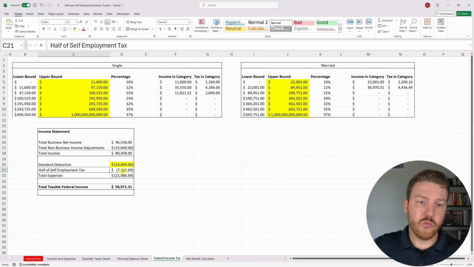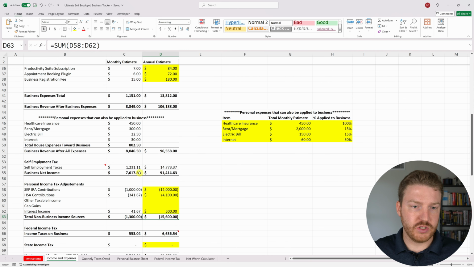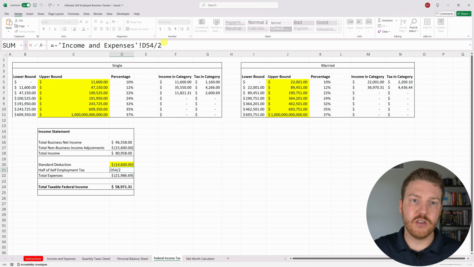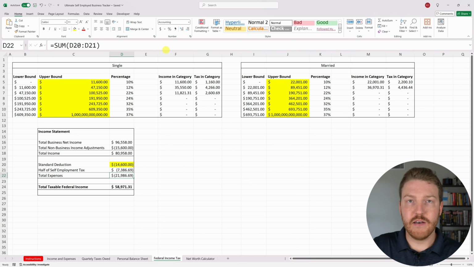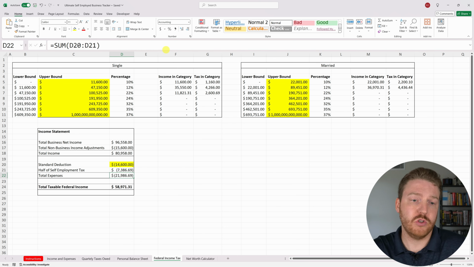Then we can actually reduce our taxable income by half of the self-employment tax. So remember before I said we can't reduce it by the total self-employment tax, but we can take this value here, that $14,773 we're going to pay in self-employment tax, and then divide that value by 2 to find half of it, because it's like the half that the employer would have paid had we worked for someone else.